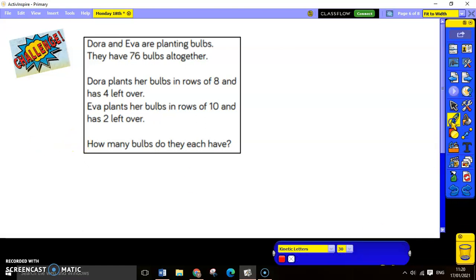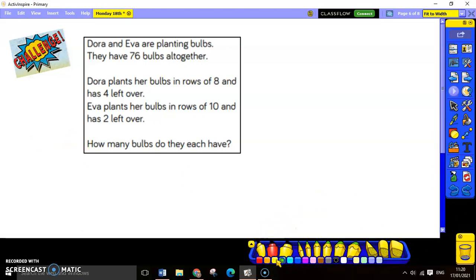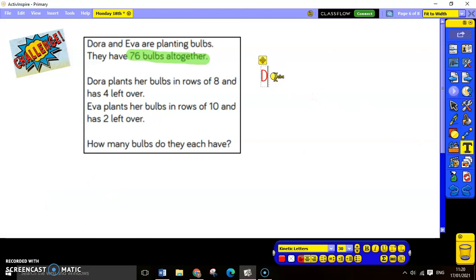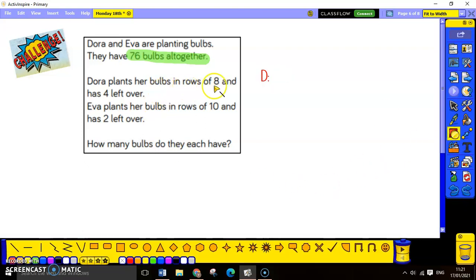Okay, let's do a bit of highlighting here again. So they've got 76 bulbs all together. That's quite important. Dora plants her bulbs in rows of 8. Okay, so let's draw a picture to get started. So Dora, I'm just going to write D for Dora, and Dora plants her bulbs in rows of 8. Well, let's see if we can make a row of 8 bulbs.